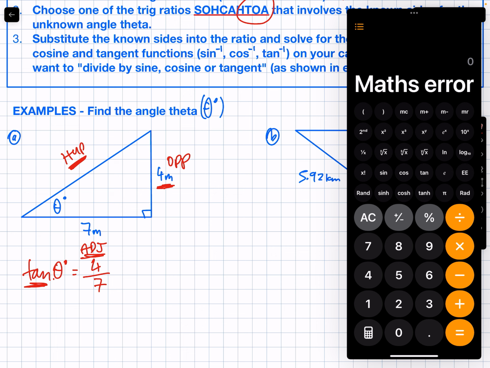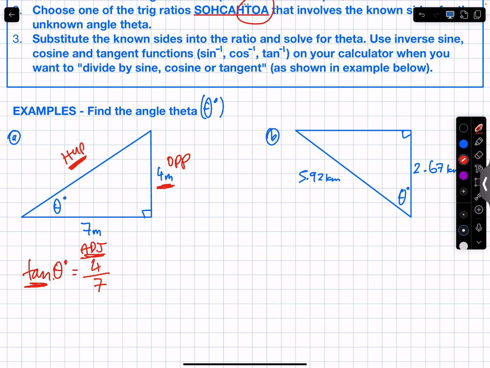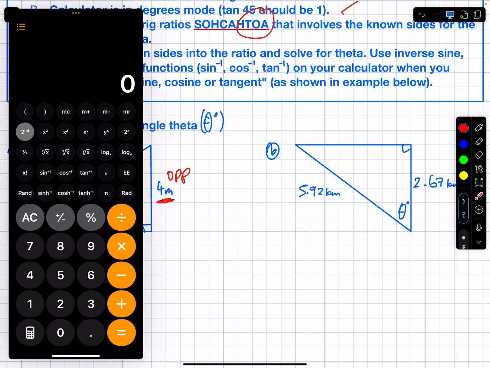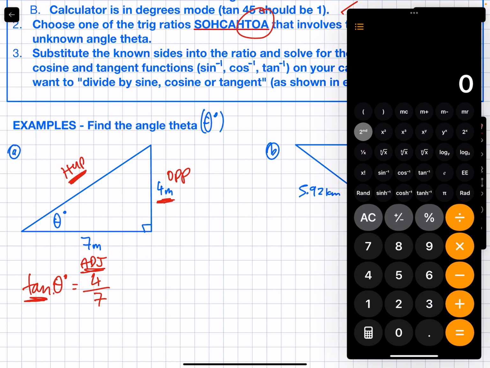Maths error. So instead of dividing by sine, cos, or tan, we use sine -1, cos -1, or tan -1 instead. On my calculator here, is there any sine, cos, tan -1 that we can see? No. But if I press second, I'm in second mode. Can you see sine -1, cos -1, tan -1 appeared? That's what I use. So theta is going to be equal to tan -1.